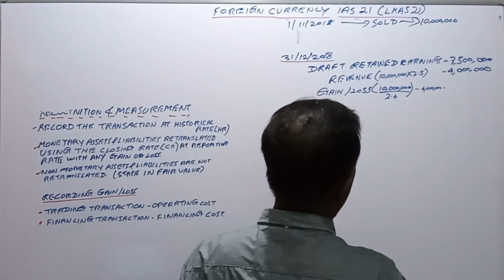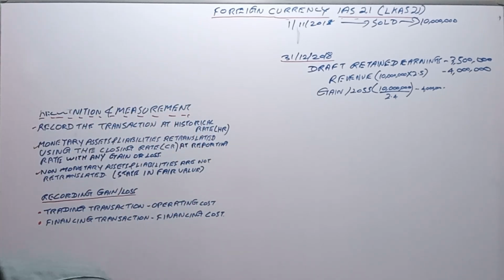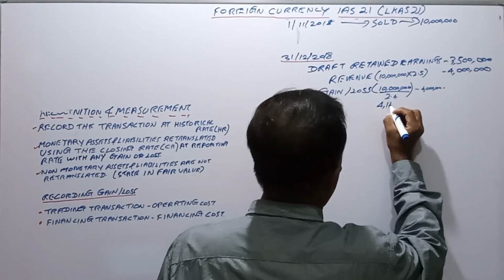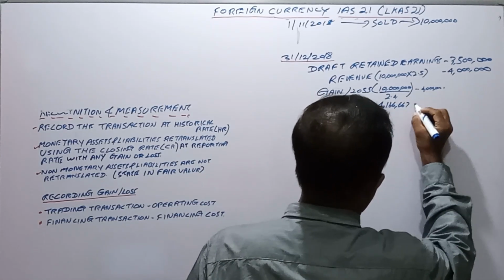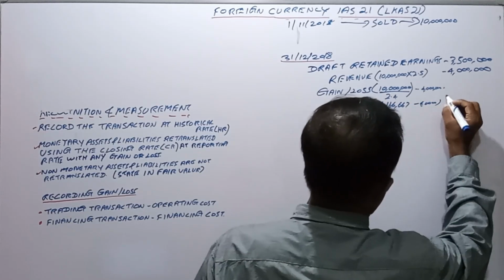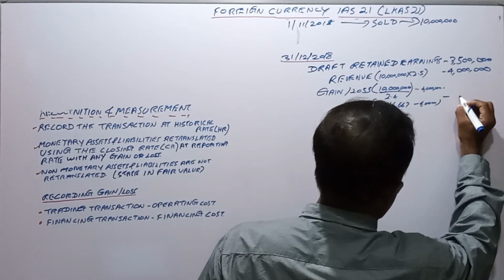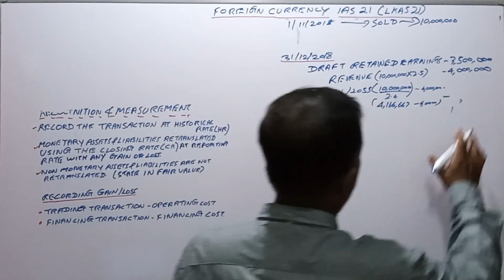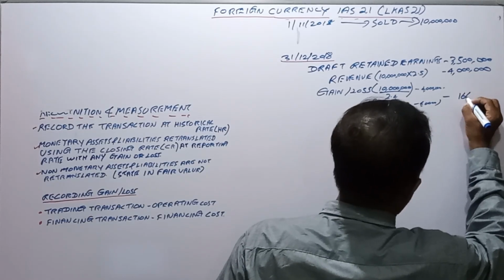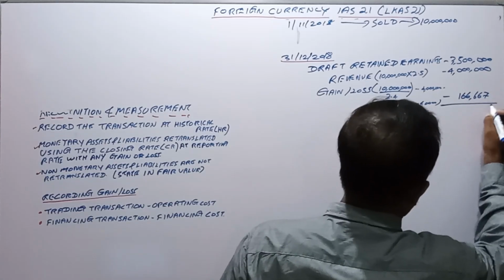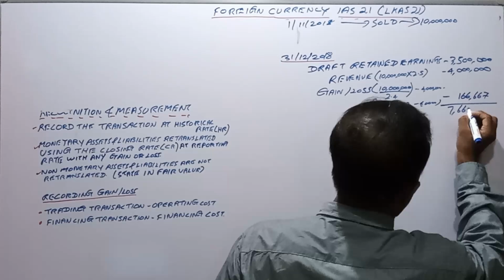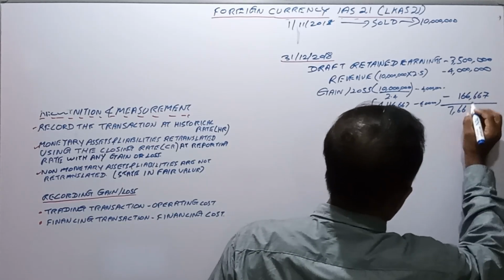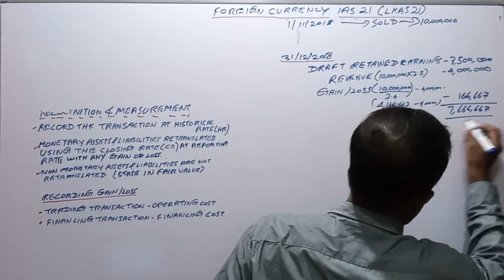That is 4,166,667 minus 4 million, so that is 166,667.